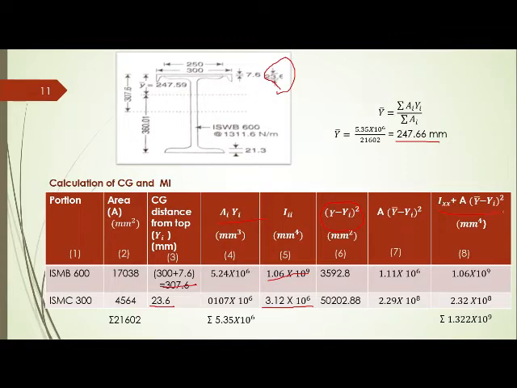The seventh column was formed by multiplying the second column, the area, with the sixth column. We added this seventh column with the fifth column, where we referred the I, and we calculated the total Ixx of the compound section.